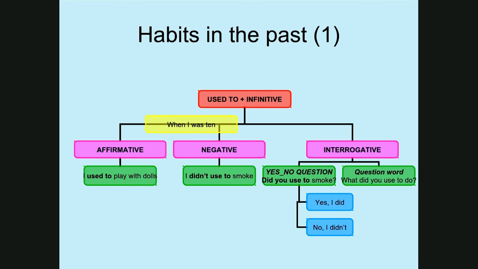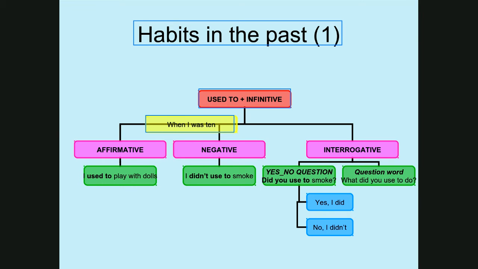Let's observe what we have here. First of all, as I already said, this is used to talk about habits in the past. We use the expression used to plus the infinitive of the verb. Let's observe the examples. When I was 10 years old, affirmative one, I used to play with my dolls. Notice that the verb play is in infinitive.